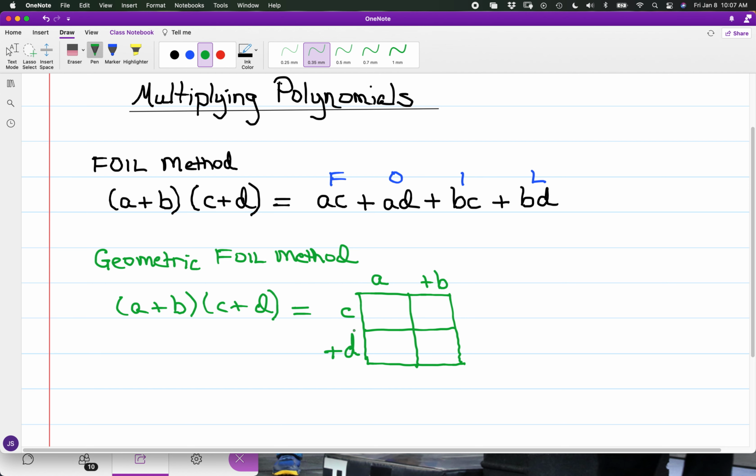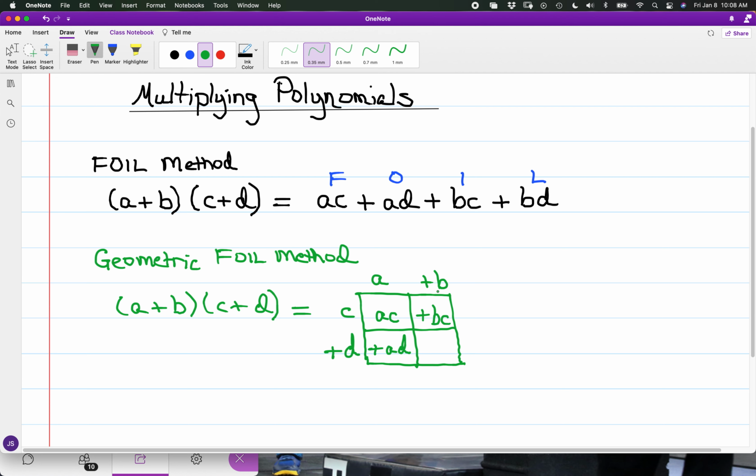represent the row headings. Looking at what we have inside each square, you're multiplying the corresponding parts. So you have a times c, and going down the first column we have a and plus d, so you have plus ad. Then for the second column at the top we have plus b times c.